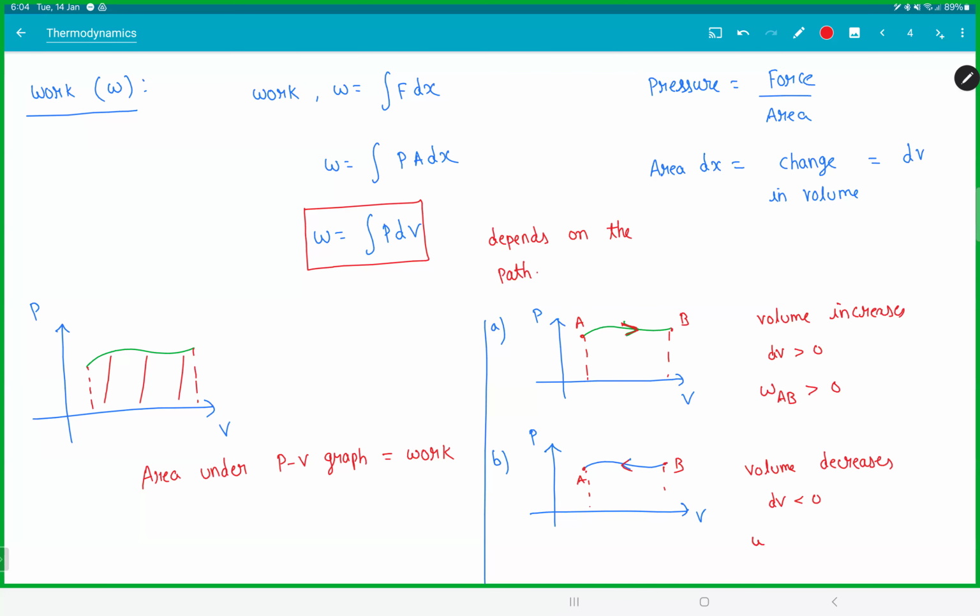So you have to decide whether the work done is positive or negative based on that arrow direction. If the arrow is going from left to right, volume increases, work done is positive. If the arrow comes from right to left, then the work done is negative because volume decreases. Clear, everyone? This is positive work. This is negative work.